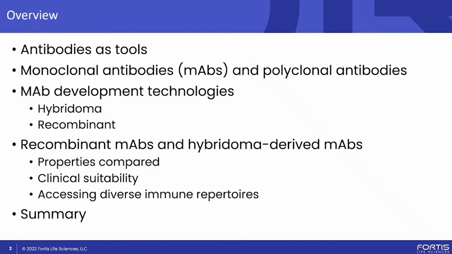And then we'll focus more on comparisons of recombinant monoclonal antibodies and hybridoma-derived antibodies in terms of their intrinsic properties, how those properties translate into clinical suitability. And we'll also focus a bit on the ability to access diverse immune repertoires and what that enables. And then we'll end with a summary.